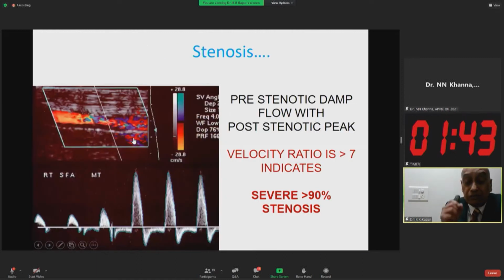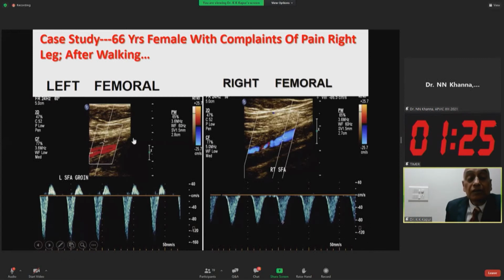So when you look at the stenosis, this is an example of a pre-stenotic high resistance flow on the left, and on the right you get a high velocity flow with a velocity ratio of 7.0, indicating more than 90% narrowing. Now, this is a case study of a 66-year-old female patient with complaints of pain in the right leg after walking.